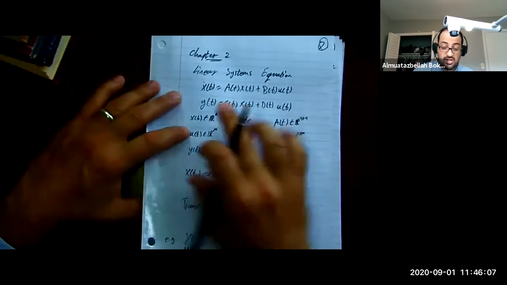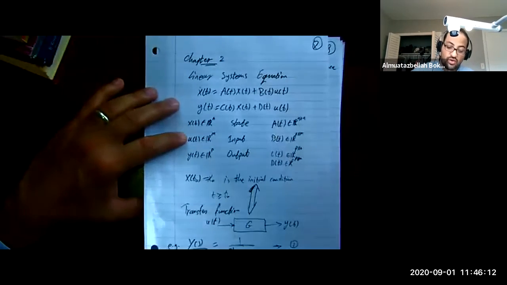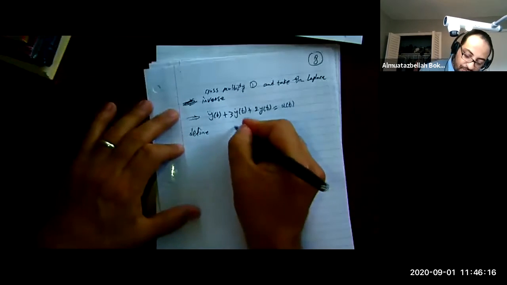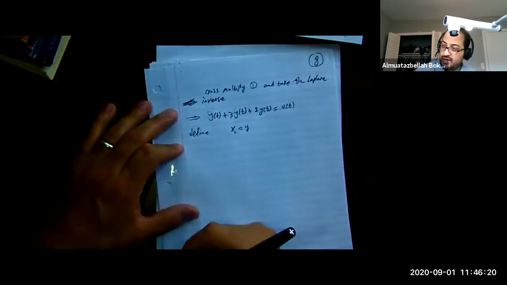Remember, the state space equation is also a differential equation, but the distinctive feature here is that you have n number of first order differential equations. Okay, so define x1 to be equal to y, to be equal to the state.